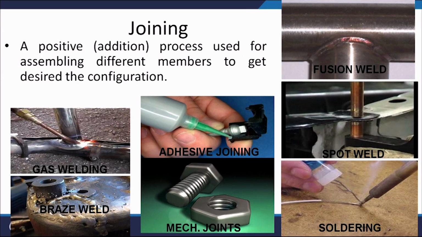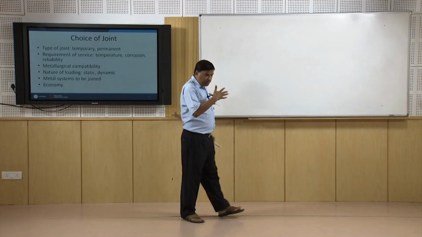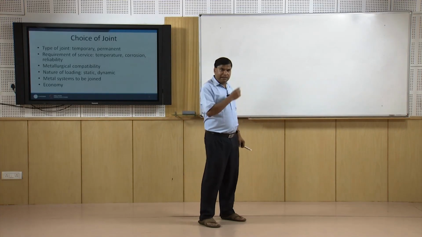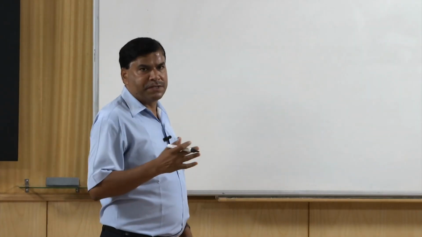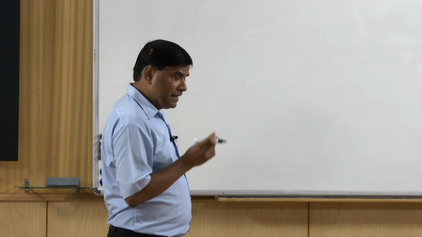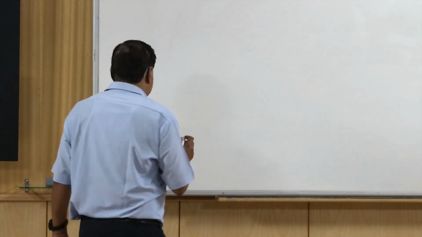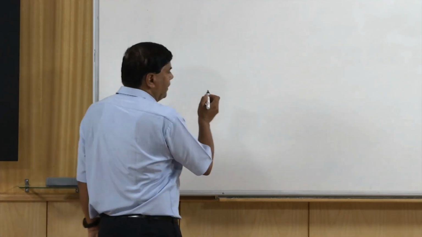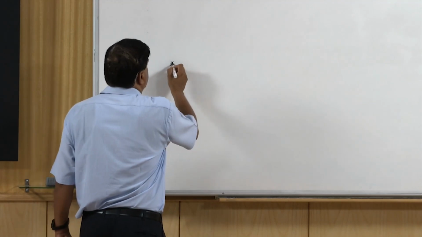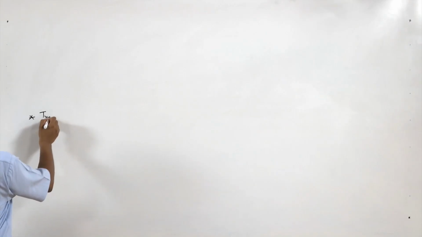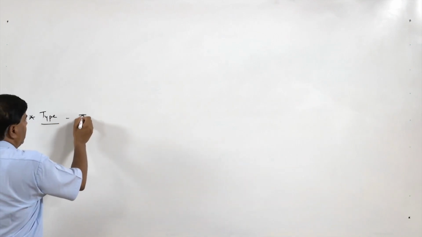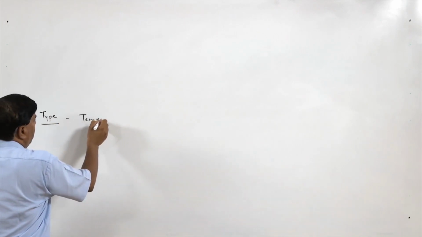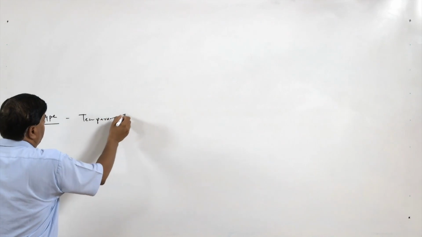Now you will see that there are three broad categories of joints, and each type of joint offers different kinds of properties. So the factors that should be looked into for selection of the joints basically involve the type of joint that we are looking for. It may be temporary or it may be permanent.